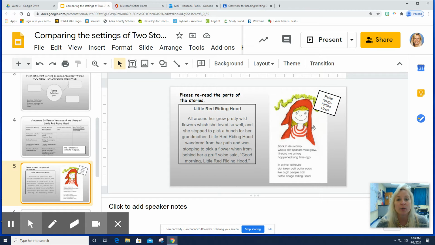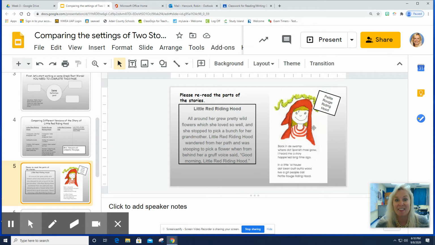Now I want to take a moment to help you understand the word setting. Where characters act in the story, a setting is where, and sometimes even when, the story takes place. So lots of times, where and when a story takes place could change the story.